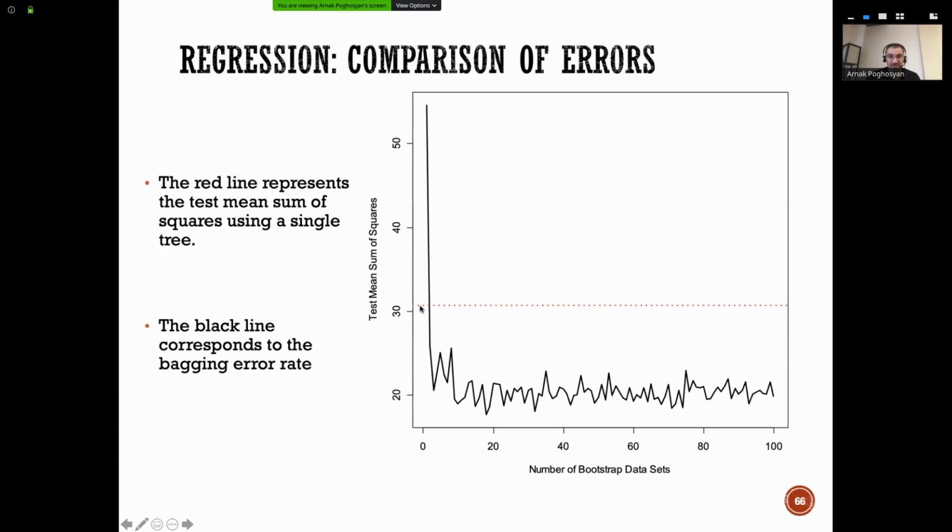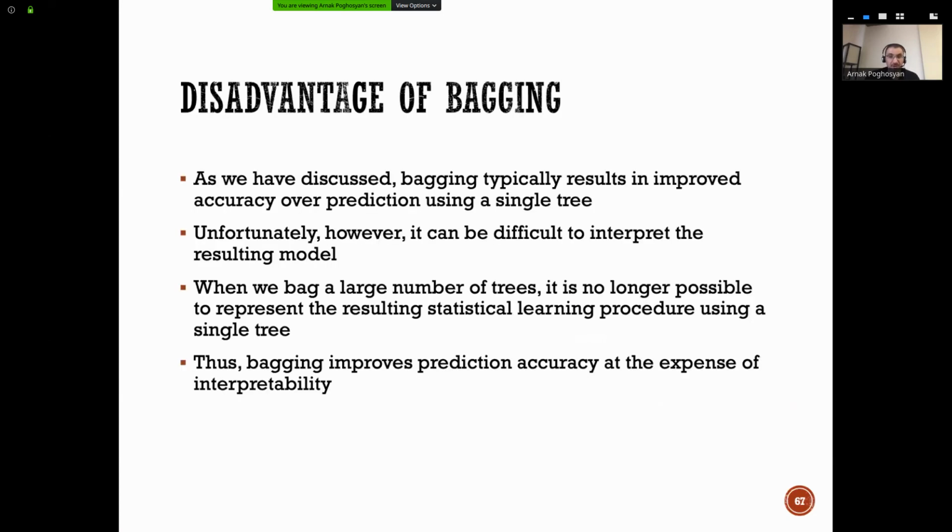This is MSE, while the average for bagging is 20. So of course, the difference is not very big, but you understand that the difference in percentages is something like 10 is 30% of 30. So we have 30% better prediction accuracy here, which in some cases can be rather important.